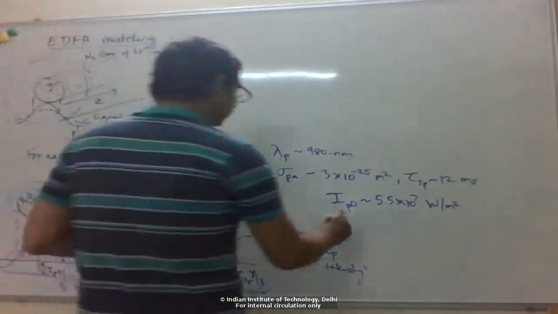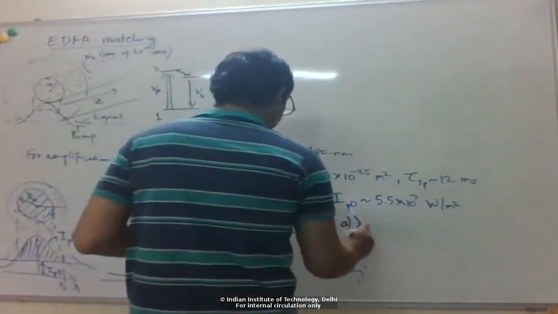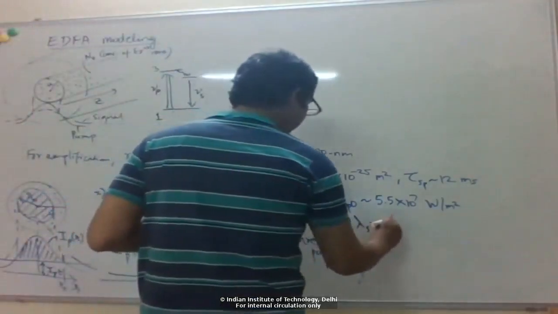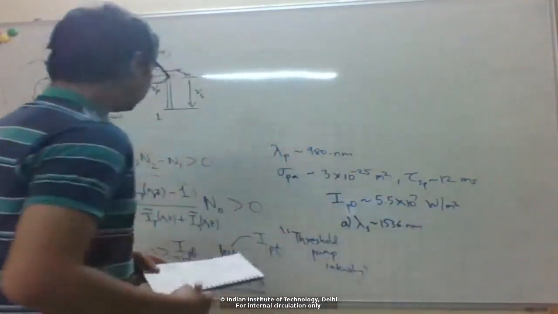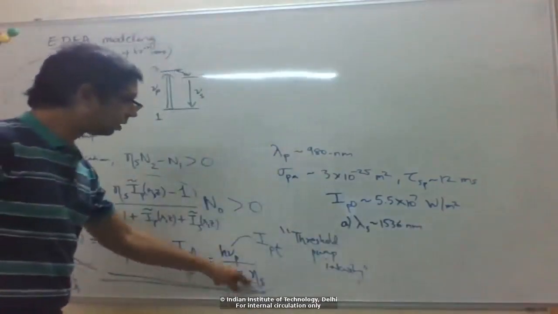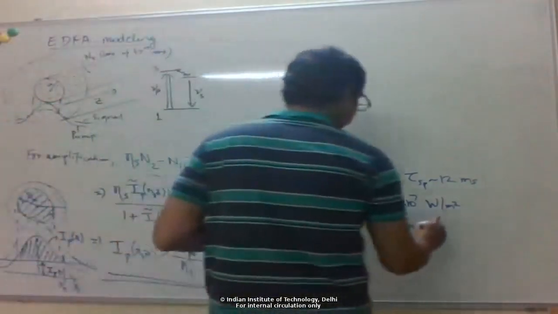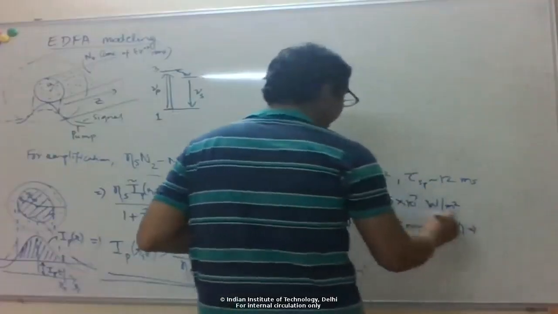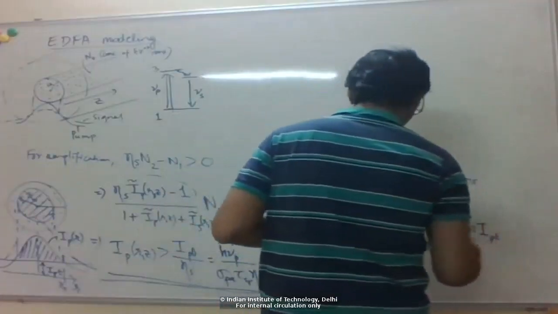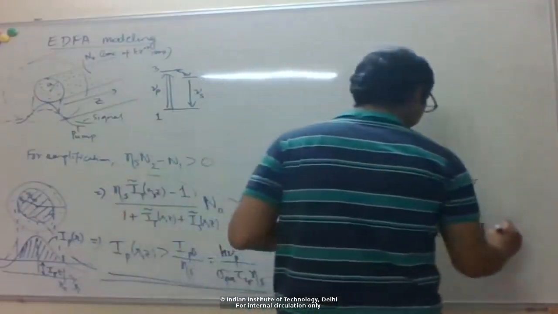Okay, so now depending on the signal wavelength, let's say I have a signal wavelength of 1536. At this wavelength, the ratio of the emission to absorption cross section is close to 1. So this implies that the threshold pump intensity is just IP naught.